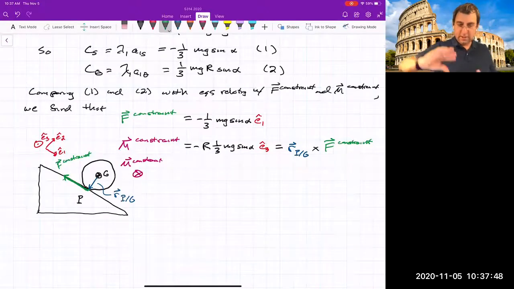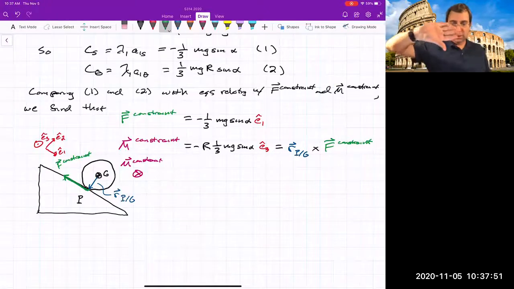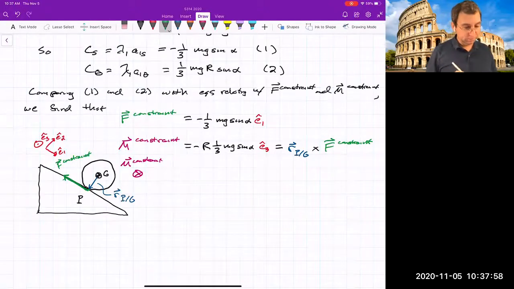And does that work out? We use the right-hand rule, R cross F. I've got something pointing in the negative E3 direction, so it seems to match up.